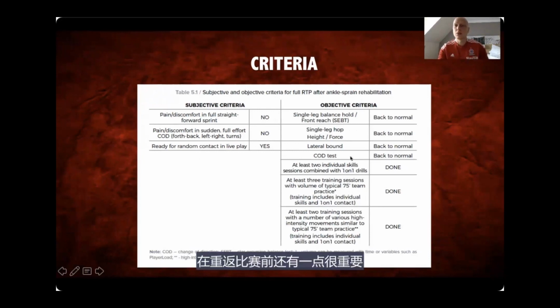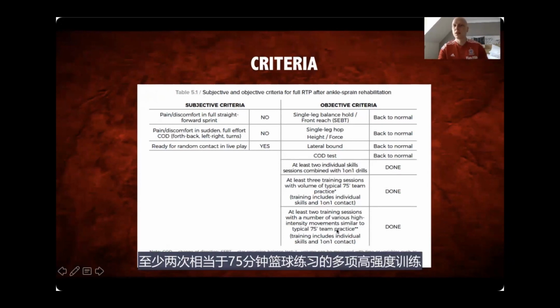I think it's also important before player goes back to play, he has to do at least two individual skill sessions combined with some kind of contact drills, at least to do three training sessions with a big volume of a typical 75 minutes team practice, and at least two training sessions with a number of various high intensity movements similar to 75 minutes basketball practice.